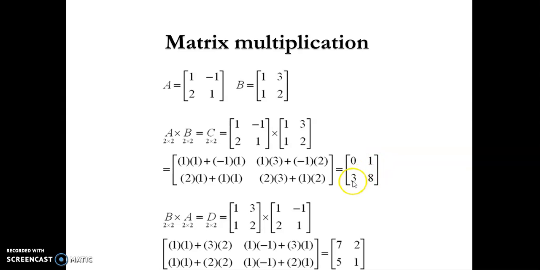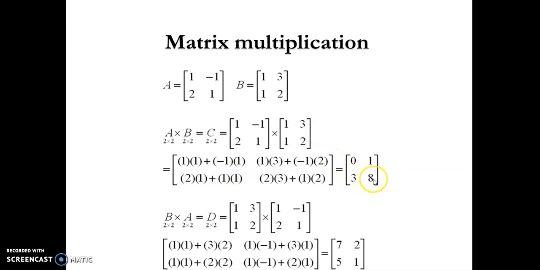If we have a look at this element over here, it is in row 2, column 1. So I'm going to take my row 2 in my first matrix and multiply it by column 1 in my second matrix. So 2 multiplied by 1 plus 1 multiplied by 1, that is this portion over here, is going to yield this answer.